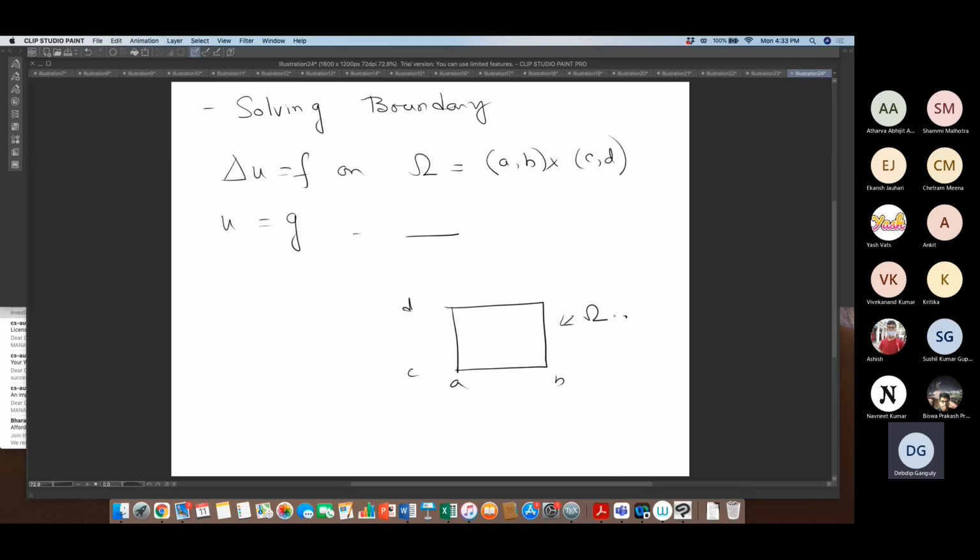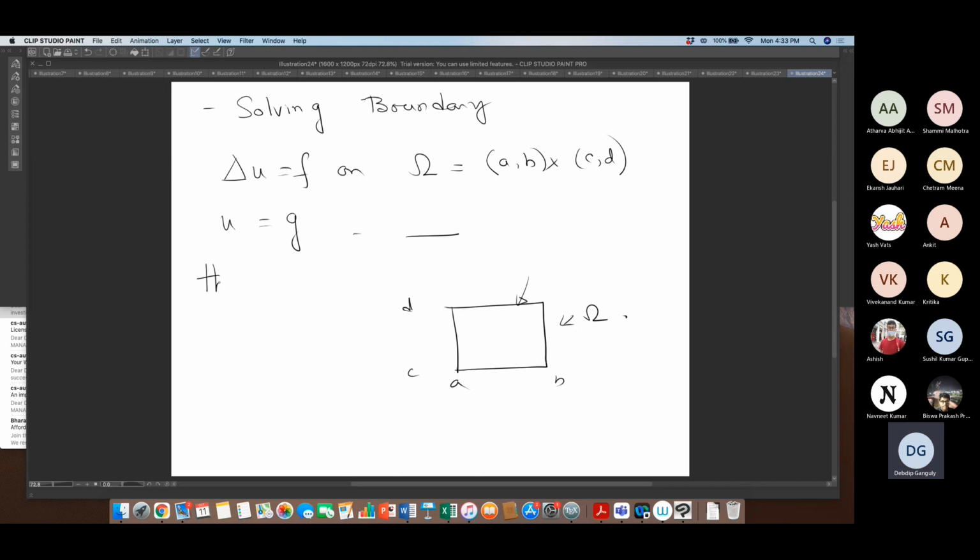What type of solution should you expect? Can anyone tell me? Is there any symmetry in the domain? Yes or no? This is a square or a rectangle, so there is some symmetry, right? What type of symmetry?